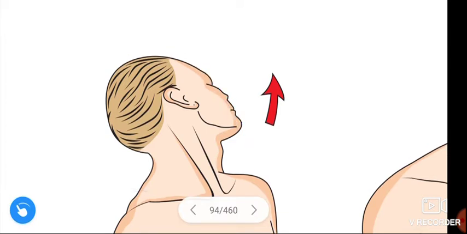Okay, that means what you have to understand here is that the head turns to the same side as the muscle that contracts. That means the contracted muscle is on the left side only, and the chin turns to the opposite side.